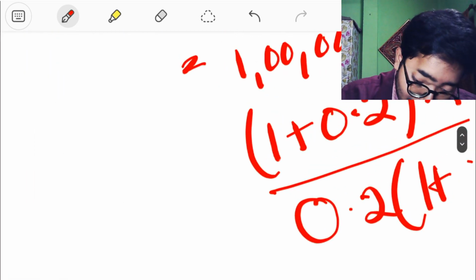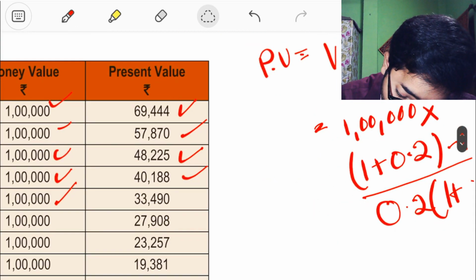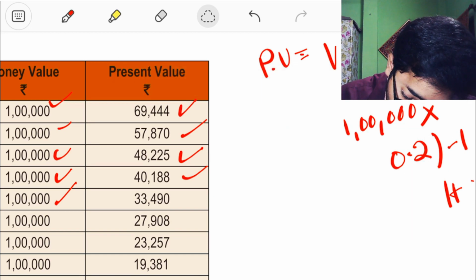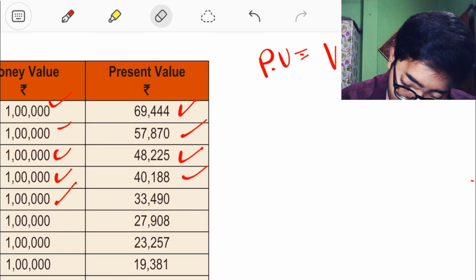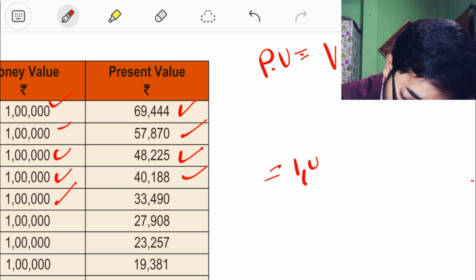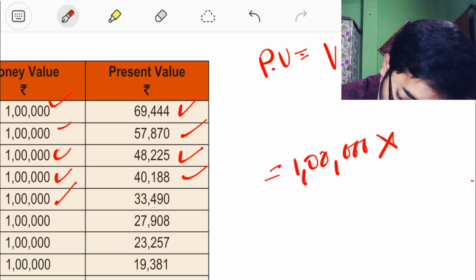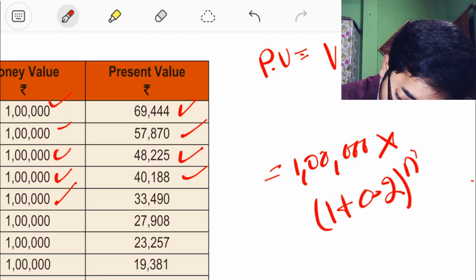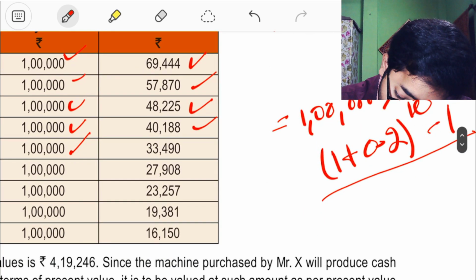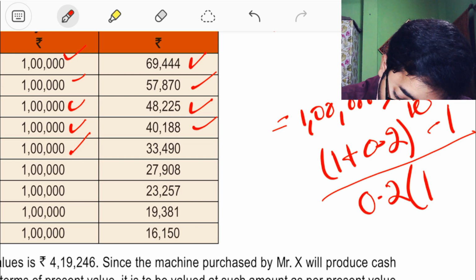Let's write this a bit over here. I hope you are able to understand the present value: 1 lakh into (1 plus 0.2) to the power n, that is 10 years, to the power 10 minus 1, divided by 0.2 into (1 plus 0.2) to the power 10.